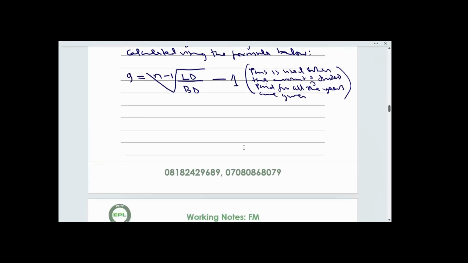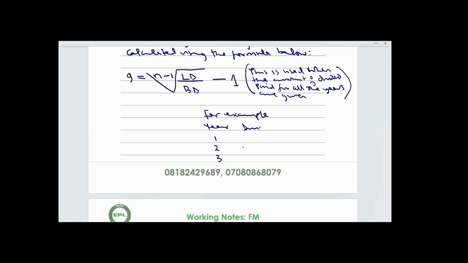this formula. Say for example, let me put it, for example, you are given dividend for, let's say, for simplicity, year 1 to 3. You are given dividend for year 1, year 2, then year 3.